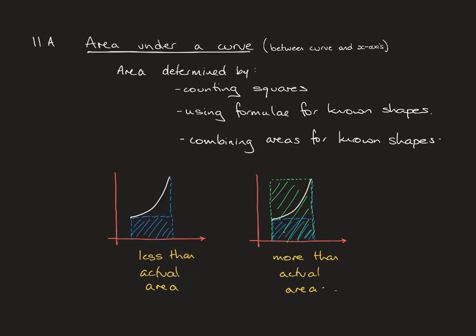And if we used a rectangle that encompassed the whole of the shape, like this green rectangle here that's all across this where the green lines are, you can see that the actual area under the curve is less than the green area, which is this big whole thing here, but more than this blue area. So with this green one, we've actually estimated more, so it's somewhere in between the two. Let's have a look in a little bit more detail about how we get this as accurate as possible.